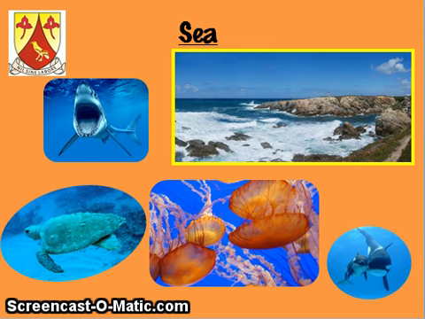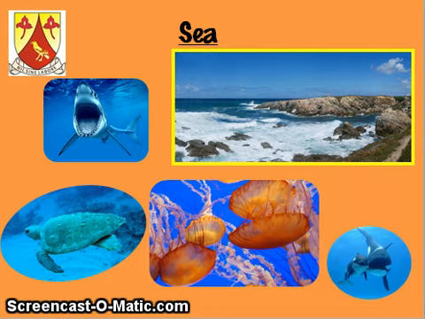That's the big difference between the sea and the river, which we'll look at now. Some of the animals that would live in the sea, turtles and sharks and whales and even jellyfish. Okay, and remember, they need to live underwater. So they need certain gills. They can't have lungs. They need gills that will help them to breathe underwater. Okay, they can't live above land for long periods of time.